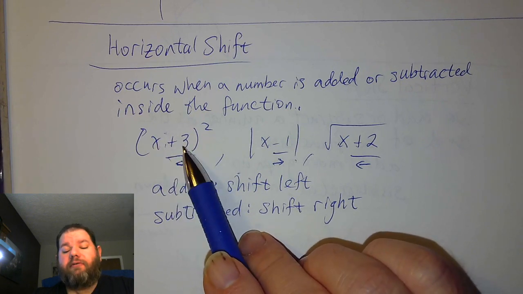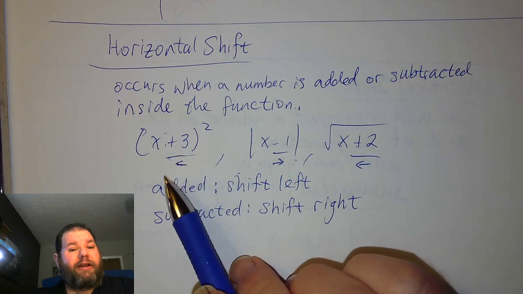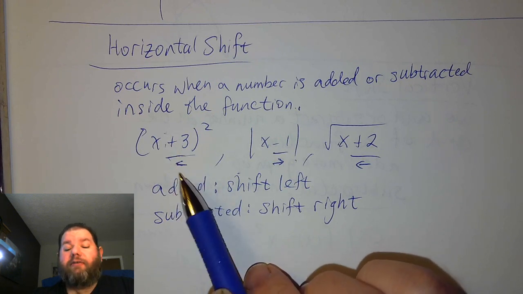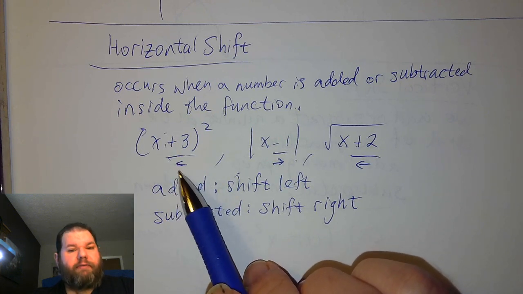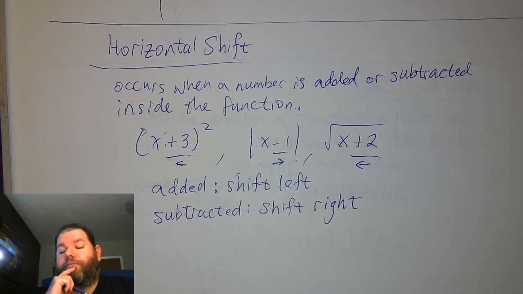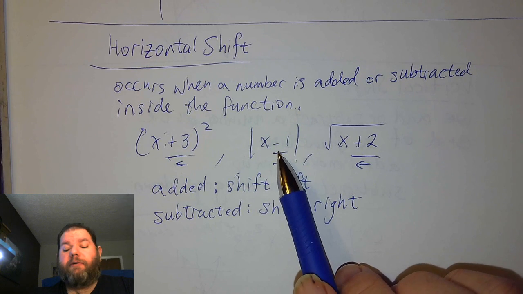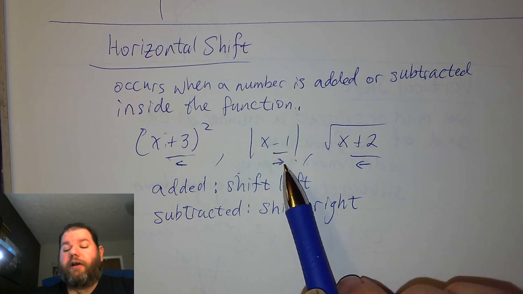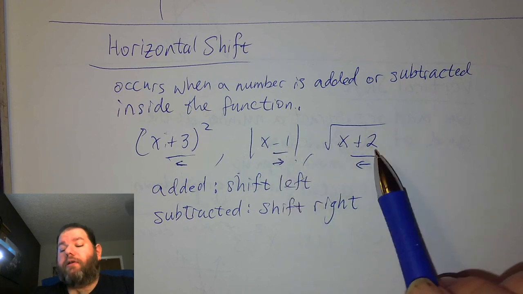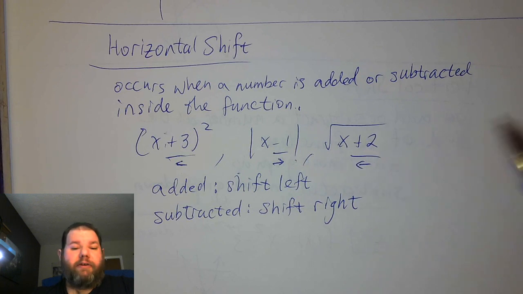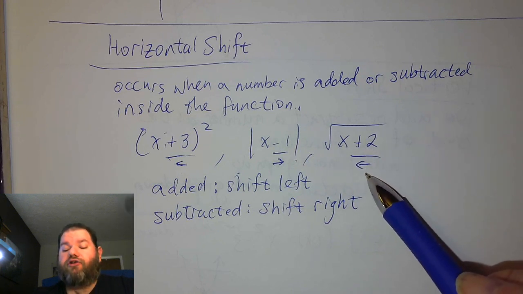So if we have x plus 3, we set x plus 3 equal to 0, we get x equals negative 3. That's why it's a shift left of negative 3. Same thing here. If we set x minus 1 equal to 0, we get x equals positive 1, so it's a right shift of 1. x plus 2 equals 0, we get x equals negative 2, so that's a left shift of 2.